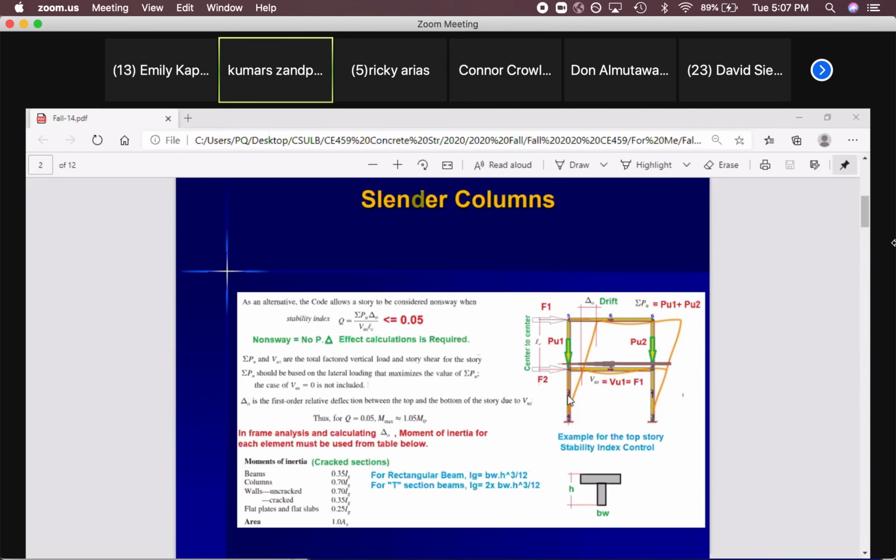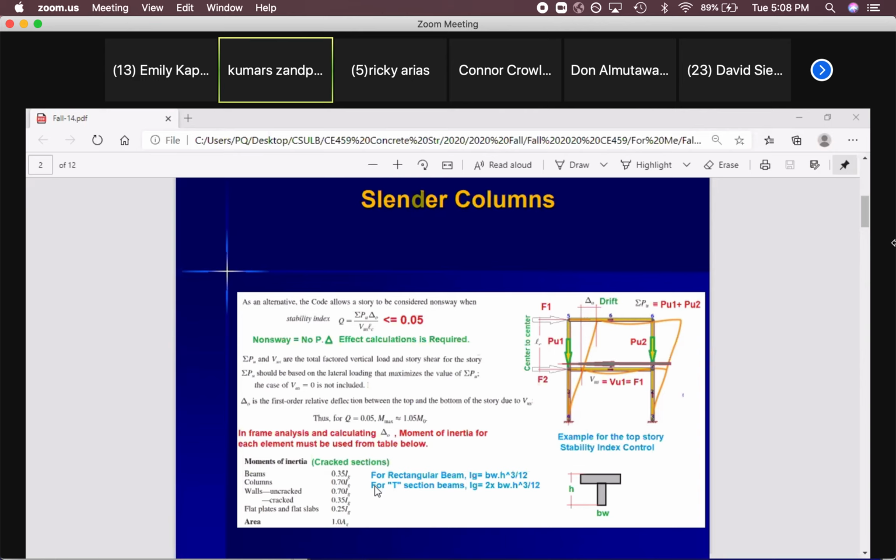For steel structures, columns and beams cannot get any crack, so the moment of inertia is just the moment of inertia of the column or the beam. That's it. But for reinforced concrete, no. We should know that the beam and column will crack, so we have to go after the moment of inertia for the cracked section.